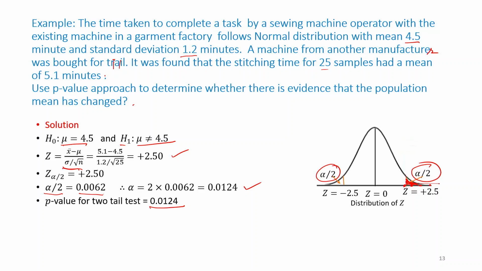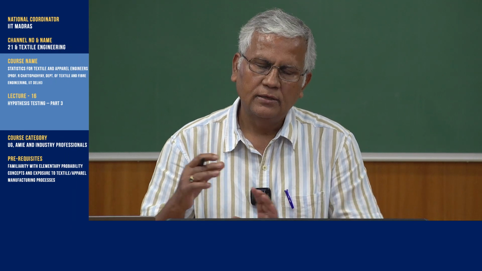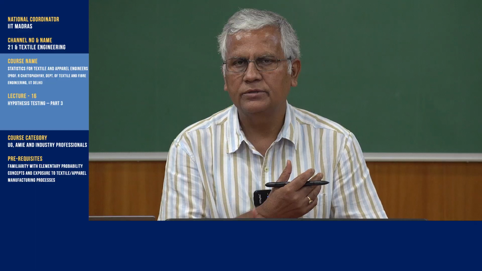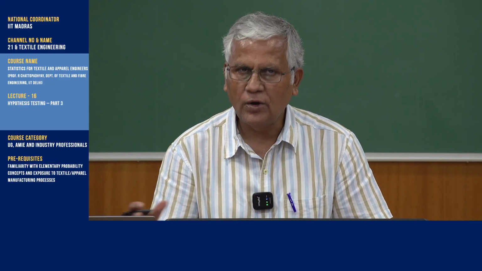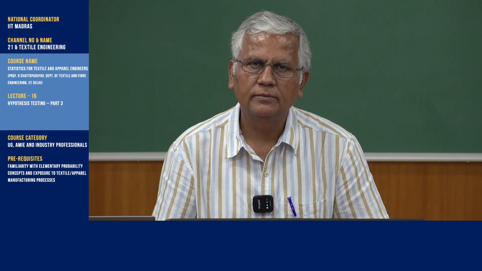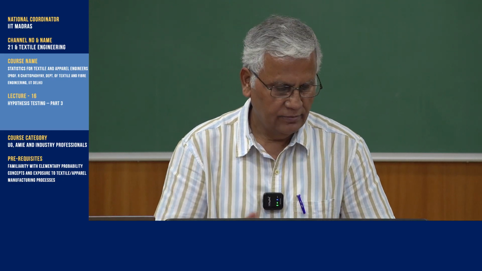So the area under the curve is going to be less and less. So a lesser value of p automatically means a higher value of Z, and that basically means the null hypothesis is to be rejected because it is too far from the mean.